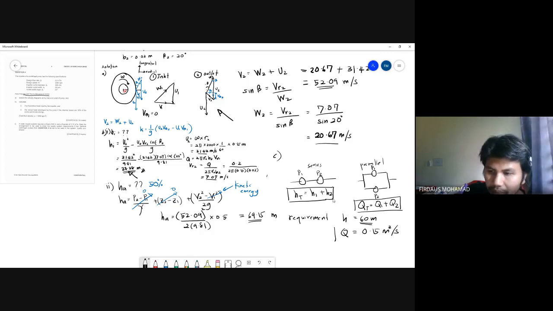Q total will be 0.2 plus 0.2 equal to 0.4 meter cube per second, whereas you only need 0.15 meter cube per second. By installing these two pump in parallel, the total head will only be 38.38 meter. Tak sampai pun requirement kita 60 meter.